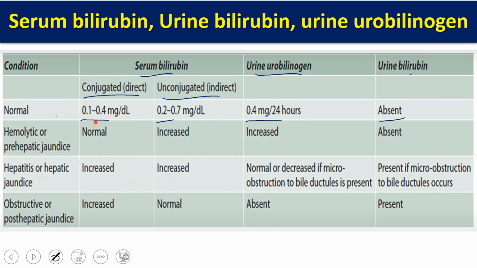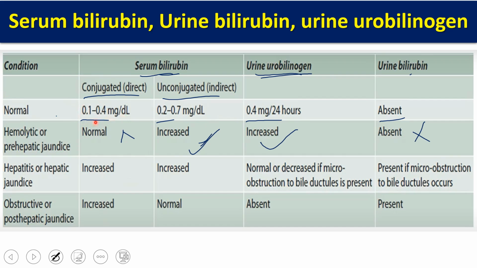In case of hemolytic jaundice, conjugated bilirubin is normal, unconjugated is going to increase because more RBC is going to be degraded. Similarly, urobilinogen in case of hemolytic jaundice is going to be increased, as we have seen, and urine bilirubin is going to be absent.